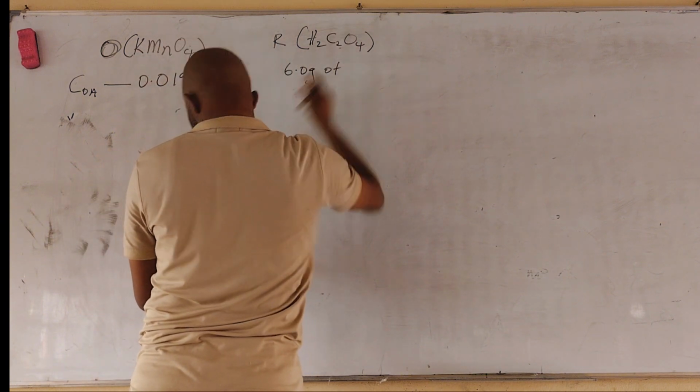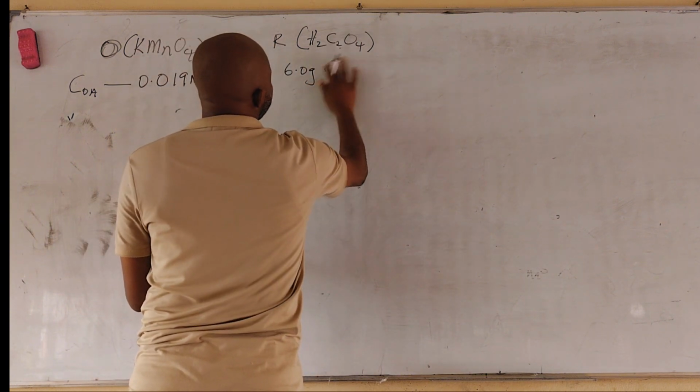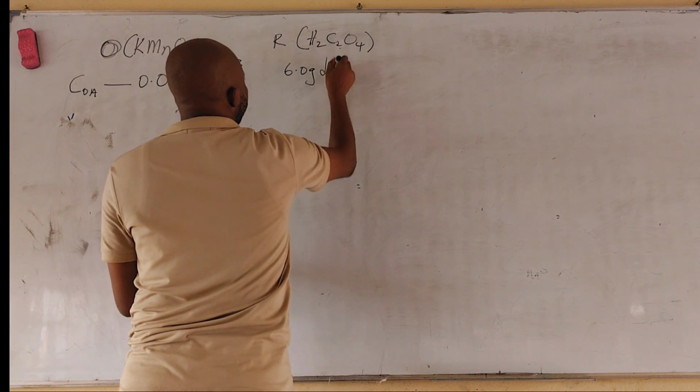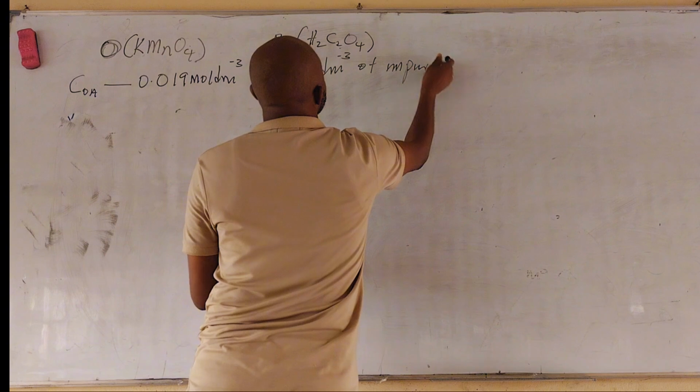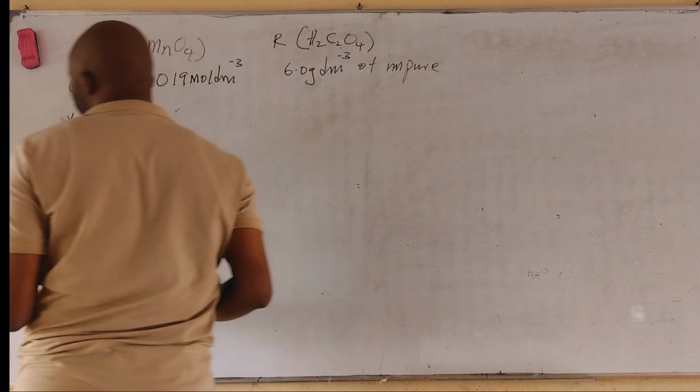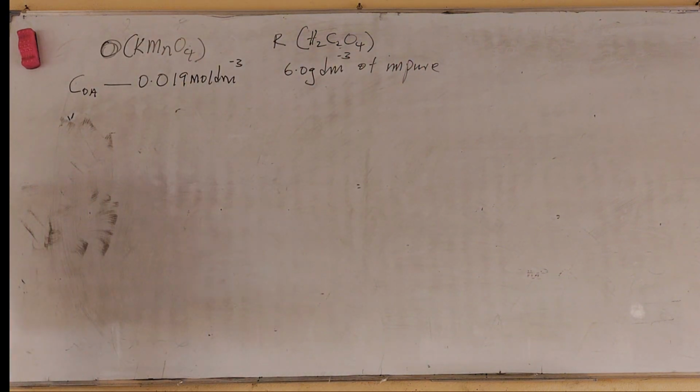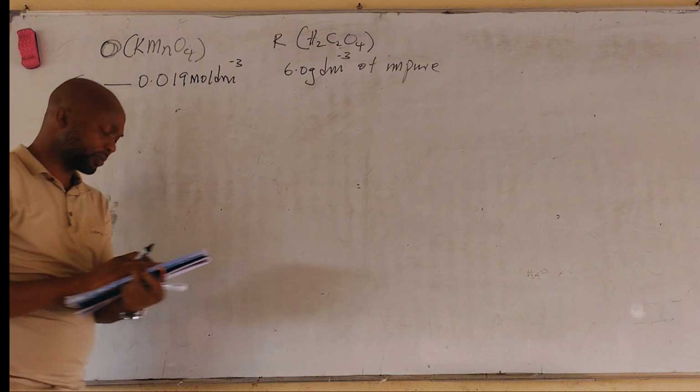So we are having the mass concentration per dm³ of impure salt or impure acid, as the case may be. In percentage purity, we deal with the mass concentration of pure and mass concentration of impure. And we say now that 6.0 is the mass concentration of the impure, as given to us. Let's see where they are going.